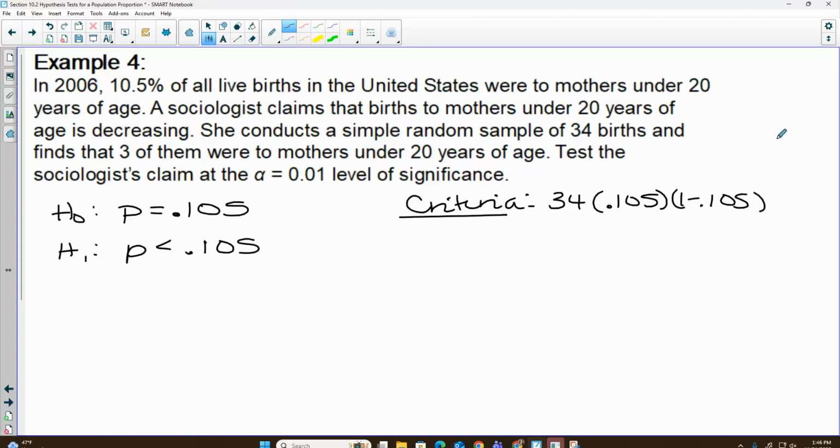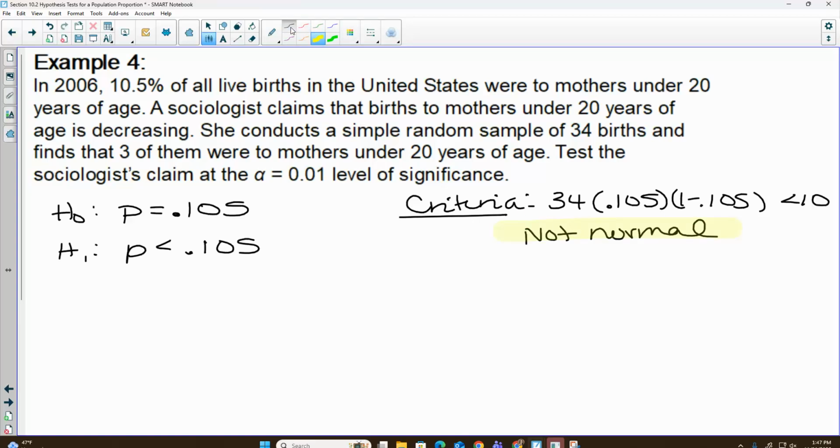So if I do that, that gives me 3.19. That is not greater than 10. That's less than 10. So that means this is not normal.